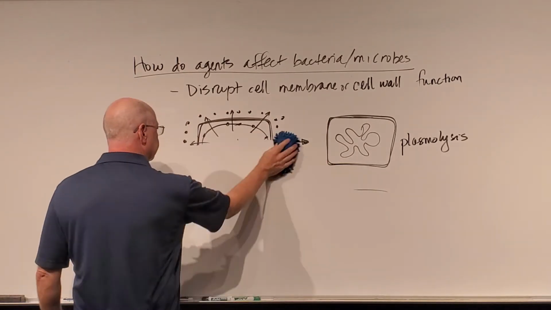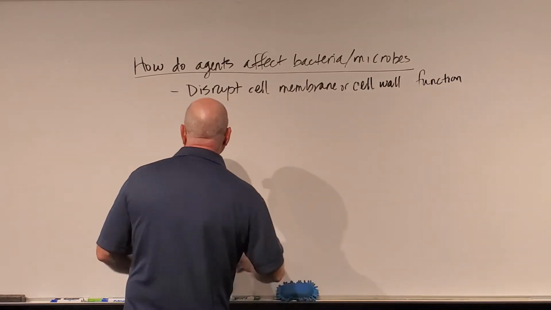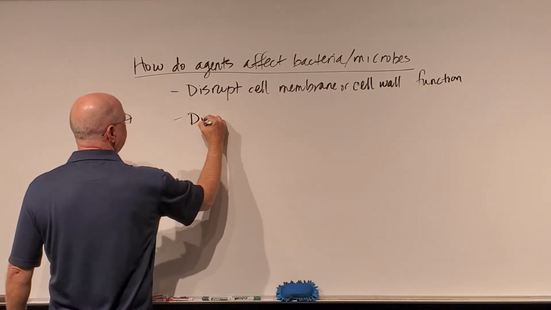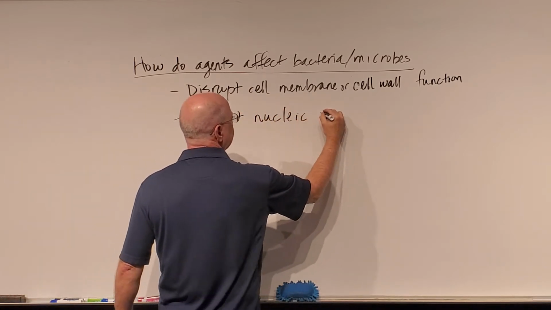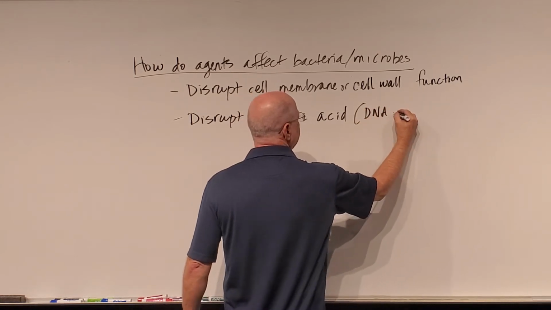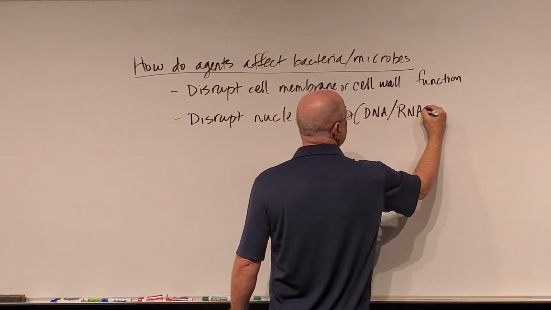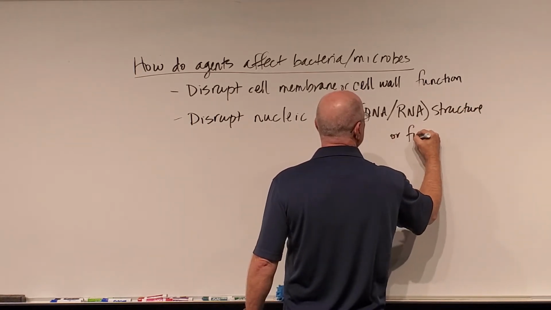Now, another way that we can affect bacterial growth is we can disrupt nucleic acid function. When I say nucleic acid, I'm talking about DNA or RNA. We can mess up their structure or function.